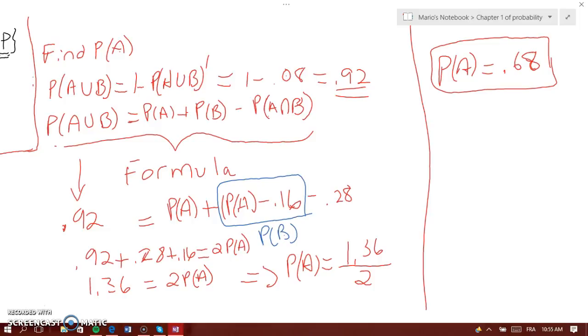Then because it's not a mutually exclusive problem, I use the formula P(A union B) equals PA plus PB minus P(A intersection B), and I substitute PB by its value prior, which is PA minus 0.16, and that's how I found the value of PA.